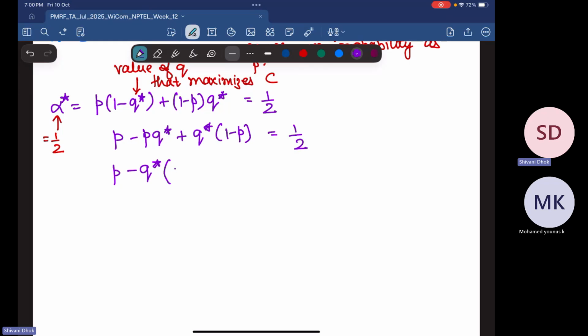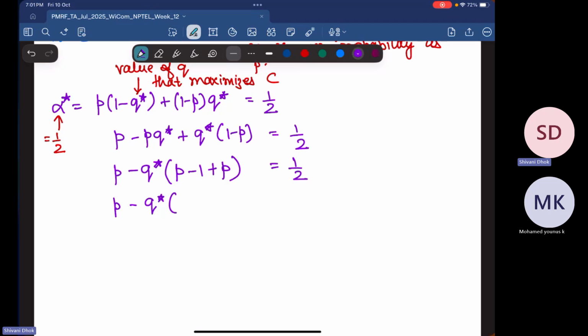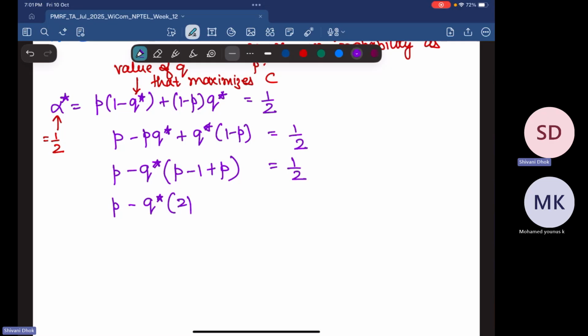I have p minus q star into 2p minus 1 is equal to half.